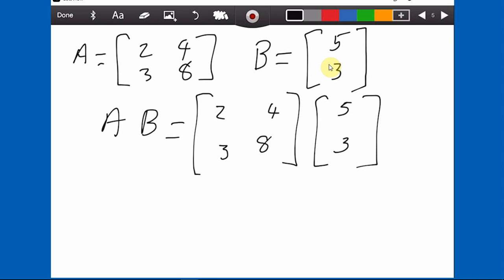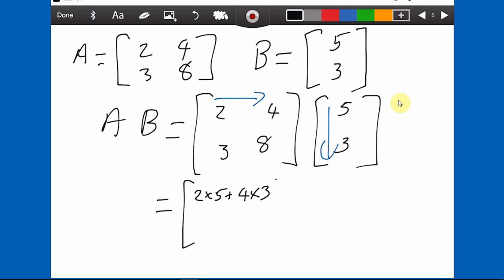So we follow the same row by column. So when we do that, you've got 2 times 5 plus 4 times 3. And now there's no more columns, so done. Then we move to the second row, first column.